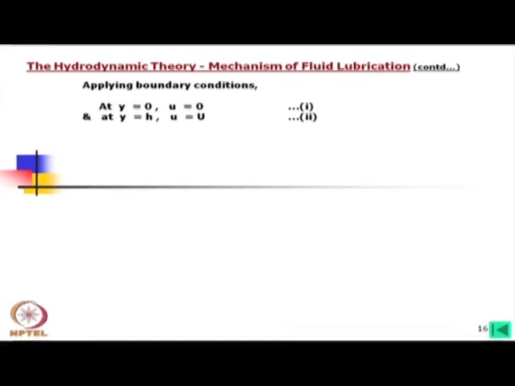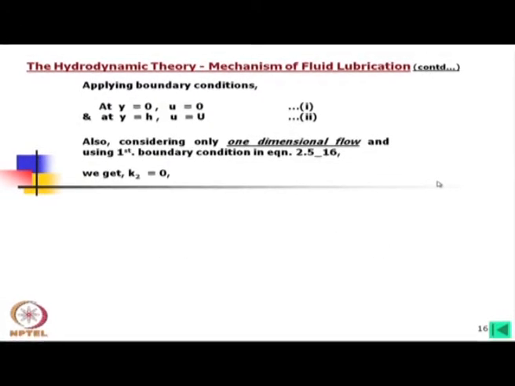Now, we apply the boundary conditions. Here the boundary condition is that when y is equal to 0, u is equal to 0, and at y is equal to h, u is equal to U, meaning the velocity of the moving plate, capital U. Also, we are considering only one dimensional flow; for deriving this equation we are considering the flow only in the direction of the capillary passage, in the x direction.